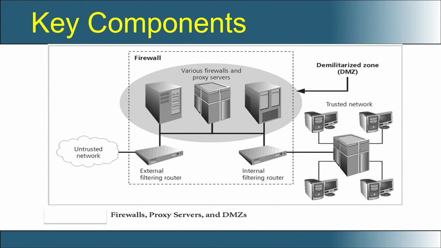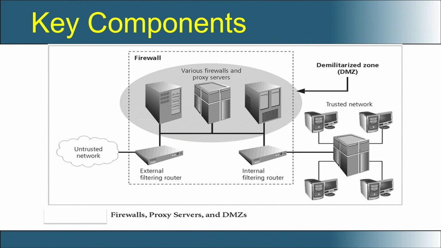Now, the key components that will be part of your defense and the perimeter will be these firewalls, which will form what we call the demilitarized zone, and that demilitarized zone will separate your untrusted network from the trusted network.